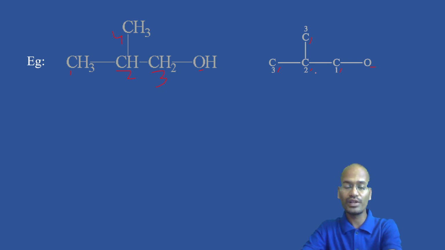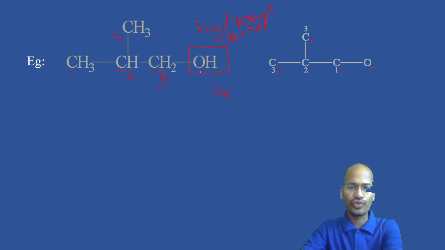So, dear students, be assured that you are going to start numbering from the alpha carbon. Alpha carbon is nothing but the carbon that is directly attached to the functional group. Here the functional group is hydroxyl, which can also be called alcohol.